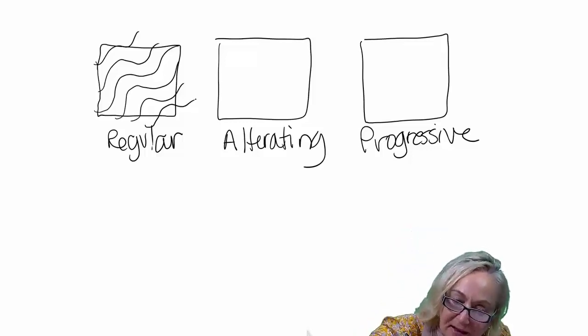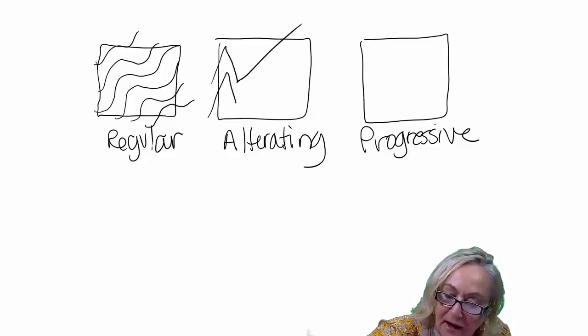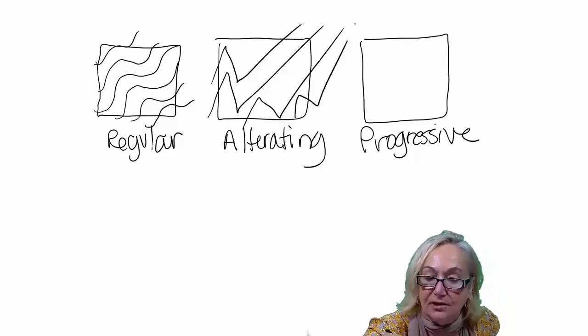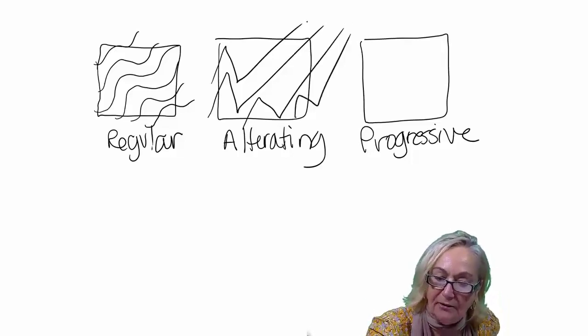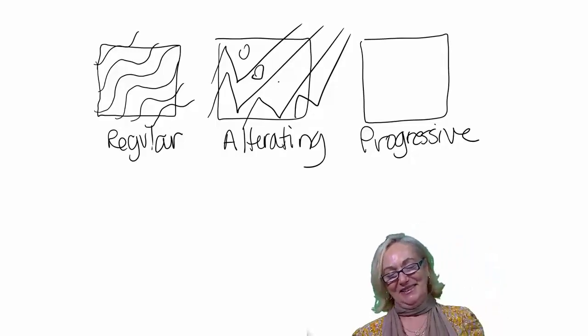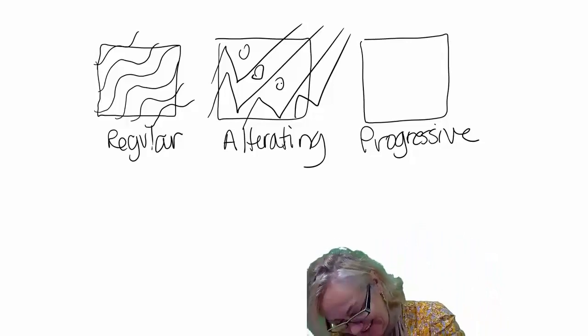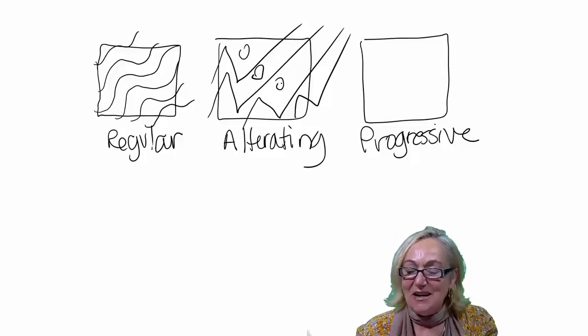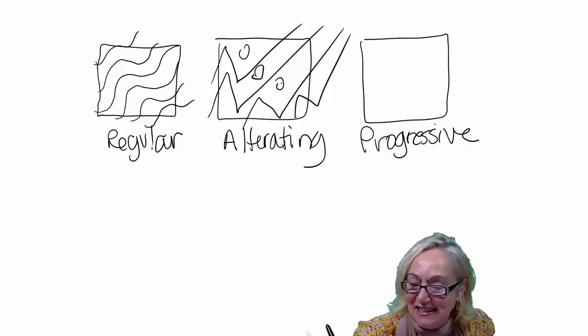So what might that look like? To me, it would look like that, maybe moving a little so that it's not so regular. Alternating rhythm. But you might get the idea. There you go. Whereas progressive is just what it says.